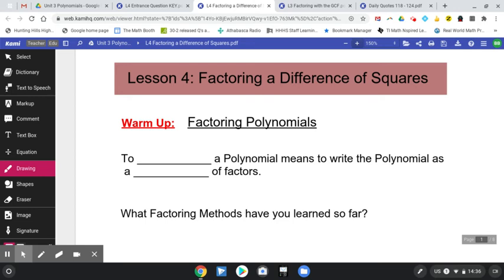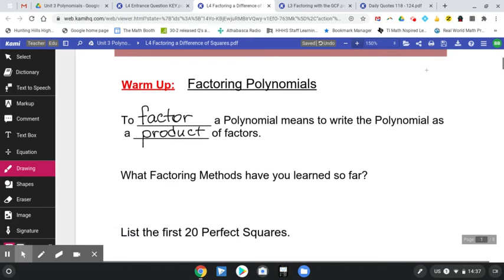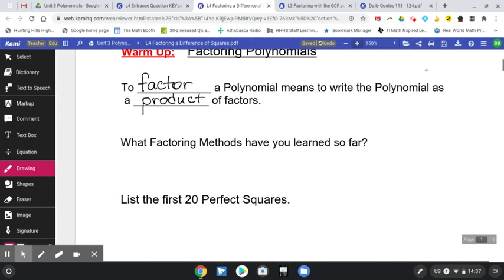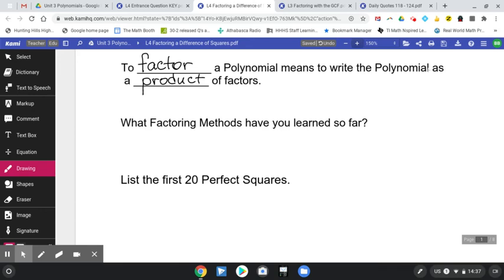So trying to get that terminology and that thinking in your head. To factor a polynomial means to write the polynomial as a product of factors. So in other words, we want to write a polynomial as the pieces that would multiply to make that polynomial.